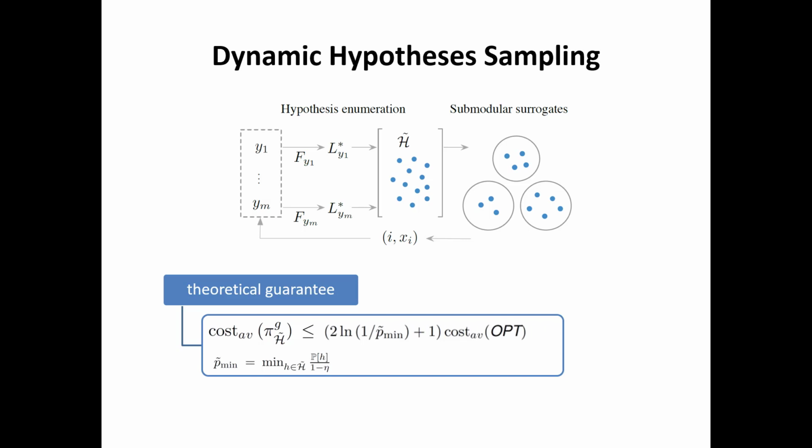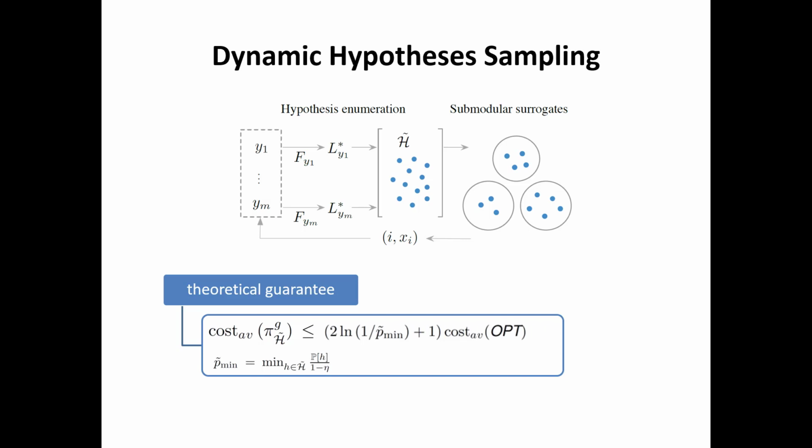We have a parameter here which is eta, a hyperparameter, and at each step when we do this dynamic hypothesis sampling, we try to cover up to 1 minus eta of the total mass of every decision region. For this sampling scheme combined with EC2, we have been able to compute a theoretical guarantee on the performance.